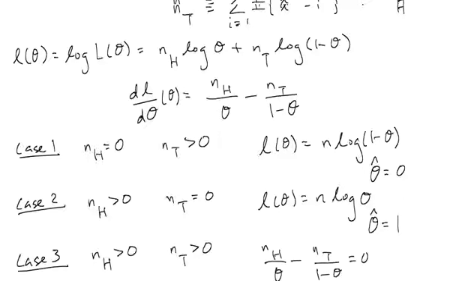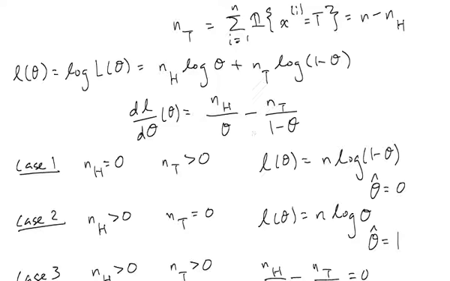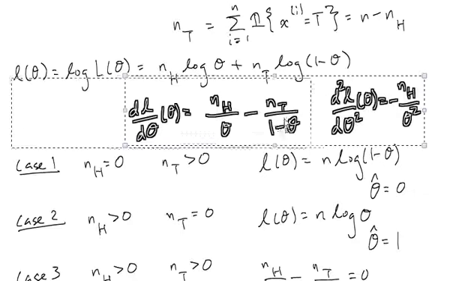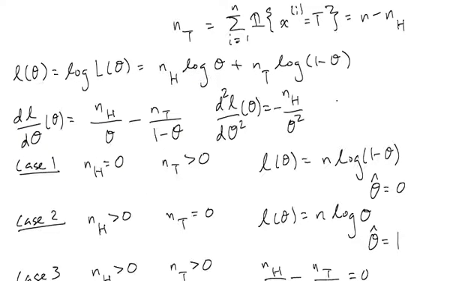So we take the derivative here, and we now look at the second derivative, d squared L over d theta squared of theta, which is going to be equal to minus nh over theta squared, plus nt divided by 1 minus theta squared times, because of the chain rule, a minus 1, which means that this is equal to minus of this thing.